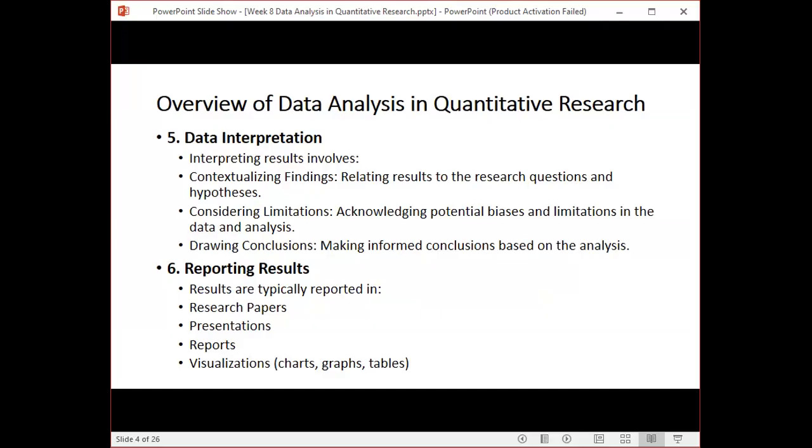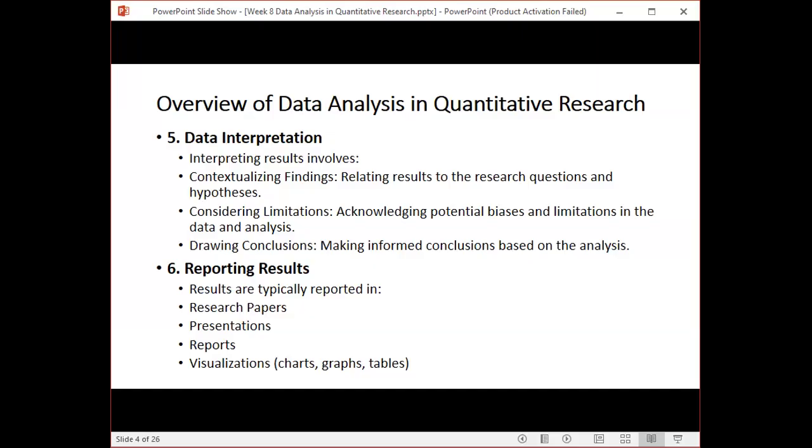Ask yourself, how does your interpretation answer your research objectives? Do they answer them or not? All right. You look at the limitations. You acknowledge the potential biases in your analysis, and the limitations from the data that you gathered and the analysis you are doing. You draw conclusions. You make informed conclusions based on the analysis, right?